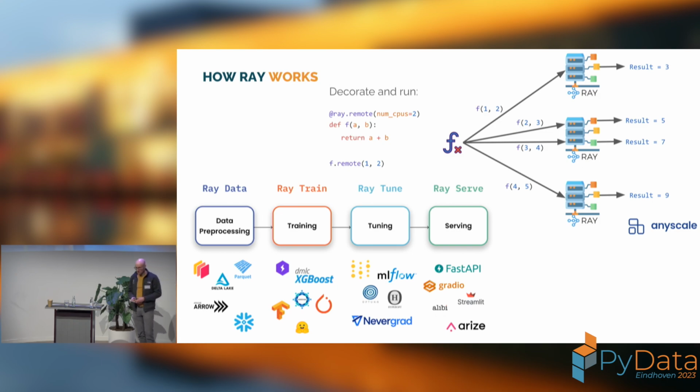Then you can decorate that function with a ray.remote decorator and give it some optional scaling configuration that tells it how to scale out the individual tasks. And if you then call, instead of just f of 1 and 2, which would return 3 locally, f.remote(1, 2), it would be executed on a cluster, right?